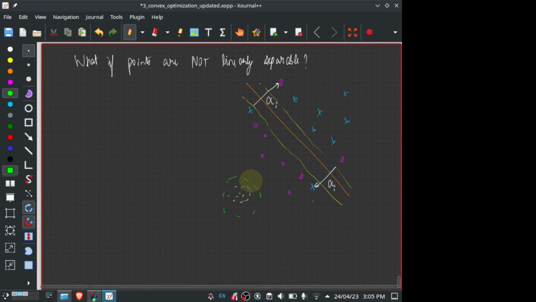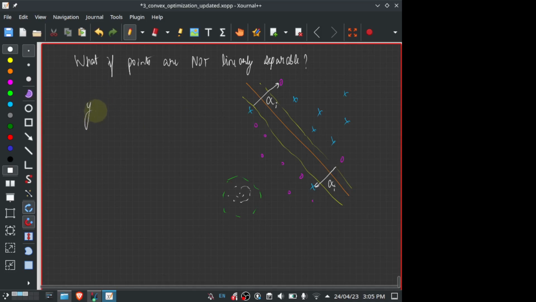The kind of problem I'm interested in is where the points are almost linearly separable. So most of the points can be linearly separated, but there are some points which would go on either side. So let's look at the constraint that a particular point does not lie on the right side of the hyperplane. I'll use a different labeling of points.